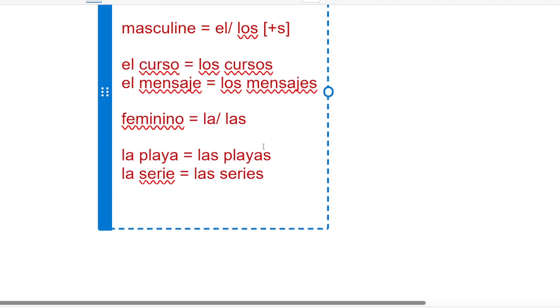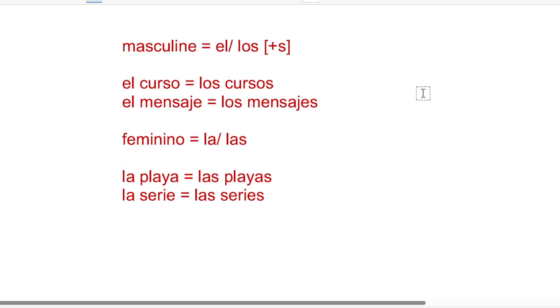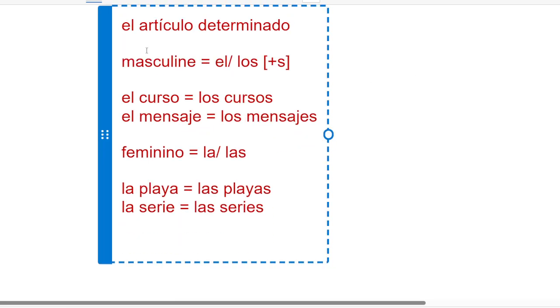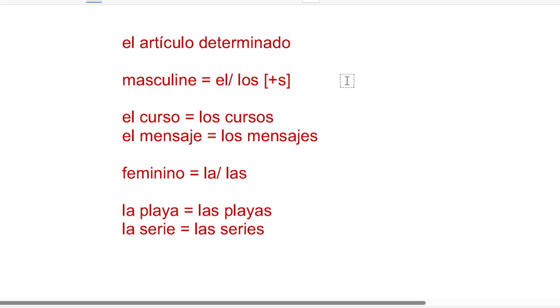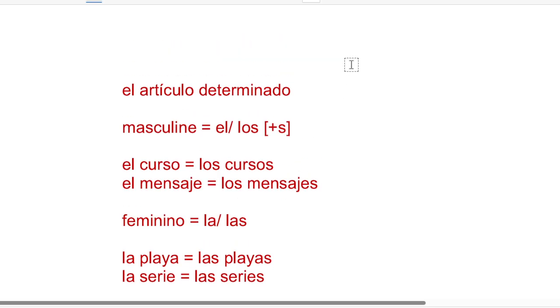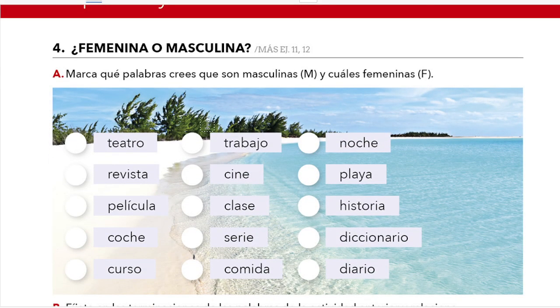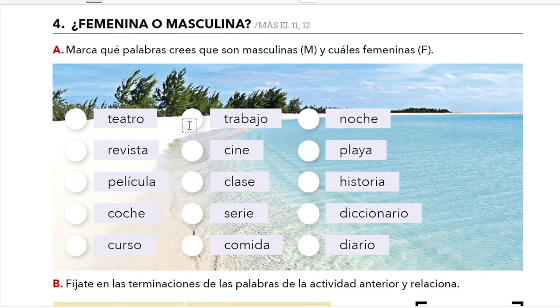Okay, so this is the way with the help of articles, you can understand the specific gender of the given noun or sustantivo. Okay. Now back here in the textbook, femenina o masculina. Okay.